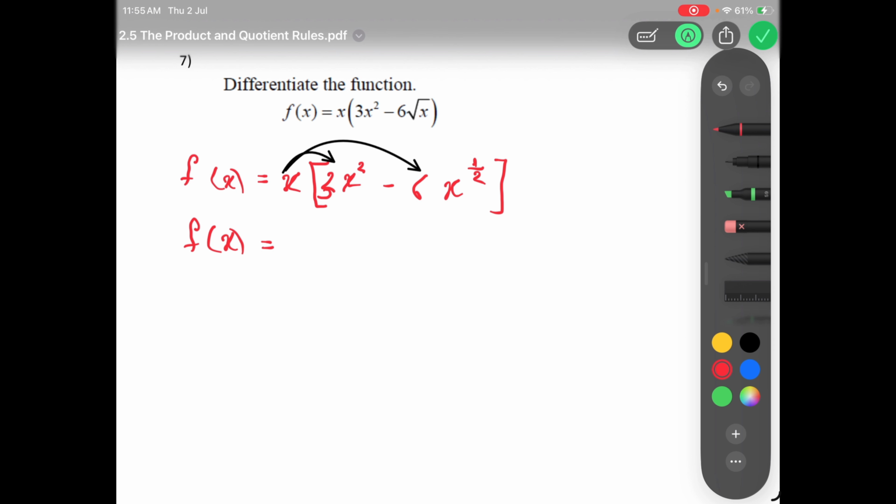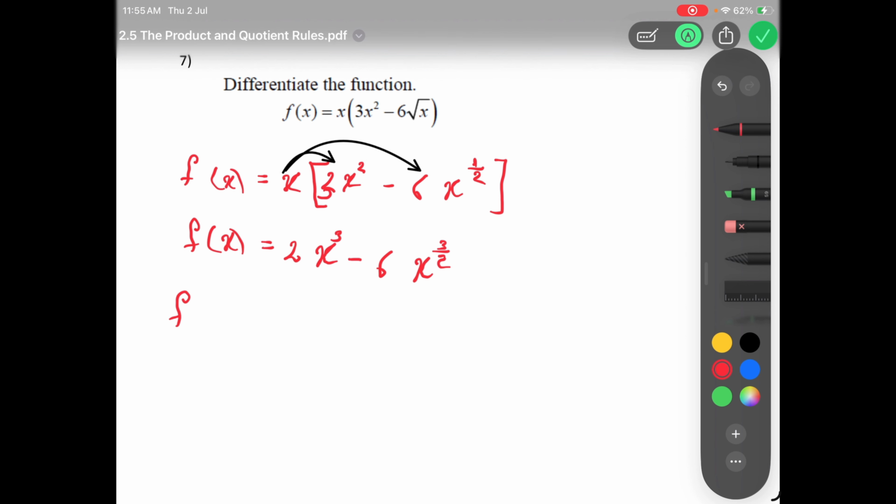Then f of x will be 3x to the power 1 plus 2, which is 3, minus 6 x to which power? Half plus 1, 3 over 2. You can do these additions by calculator, it's fine.